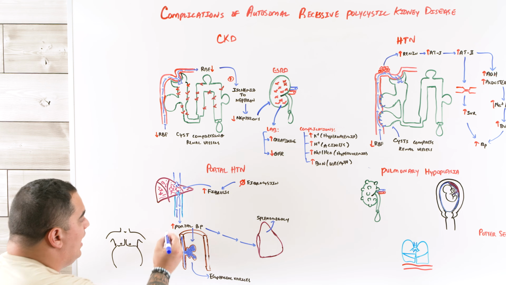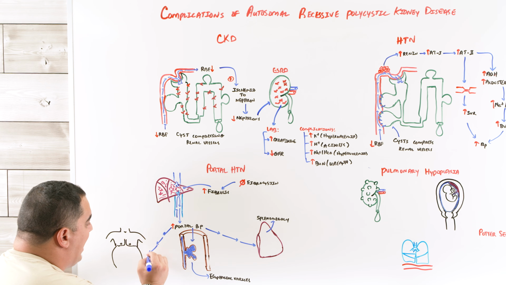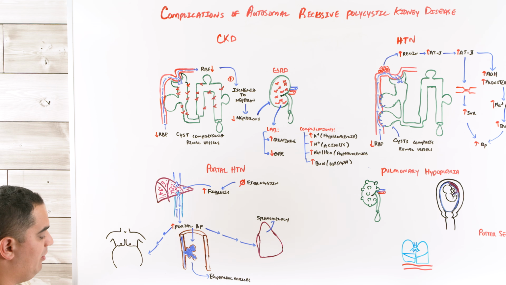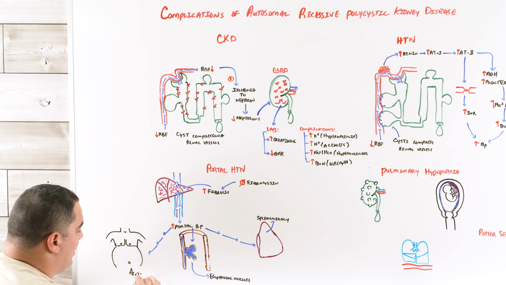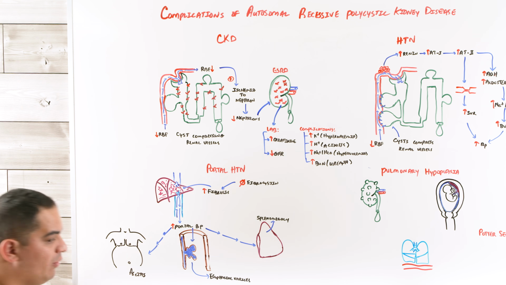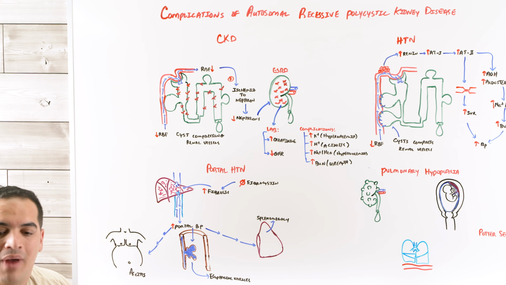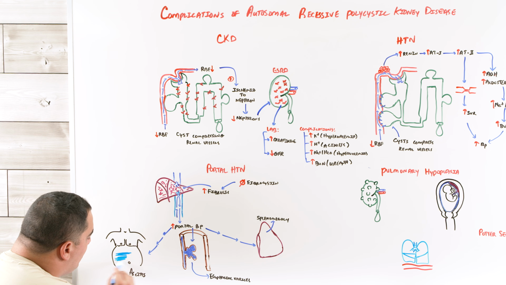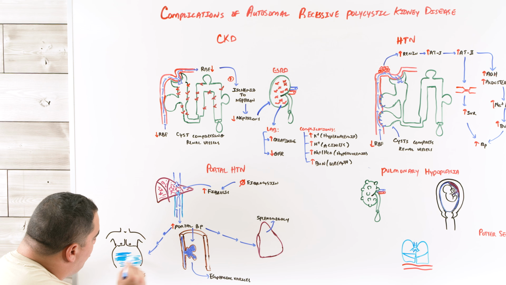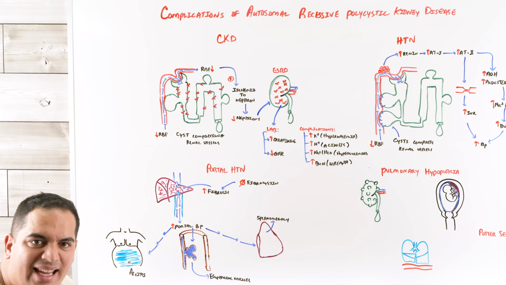And then the last thing is if the pressure backs up into the peritoneal capillaries and causes fluid to accumulate here into the abdomen. Look, you got a big old belly here, a protuberant abdomen. This is called ascites. It can cause the abdomen to become very distended.